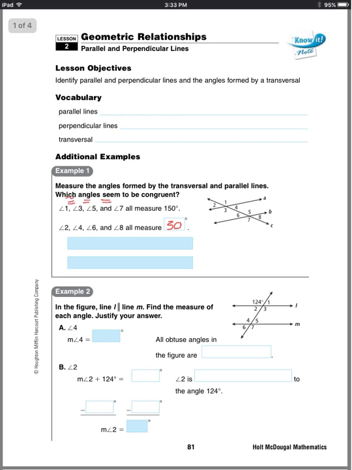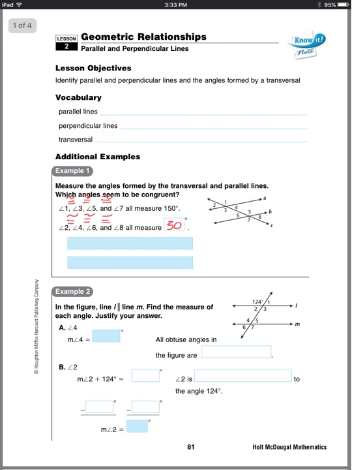And then we need a little congruent sign. And these all seem congruent to each other because they measure the same, right? Which is very important. When you have 8 different angles in a transversal, you actually only have 2 answers because you use each answer 4 times.